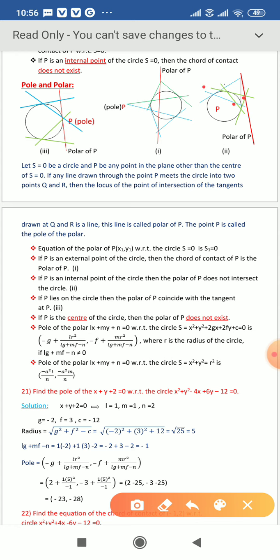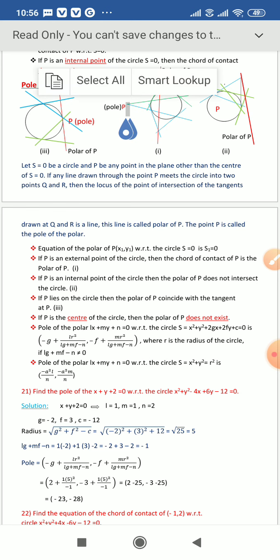From P, you draw a secant line. This is the secant line. This line cuts the circle at 2 points. This is one point and this is another point. At these points, you draw the tangents. This is one tangent.